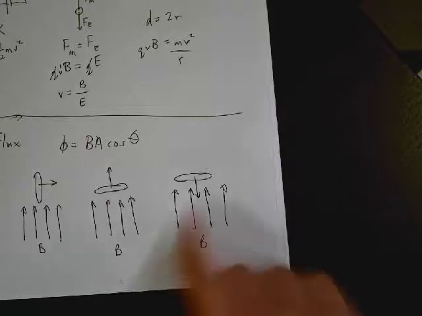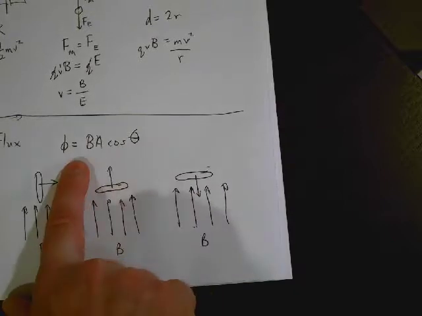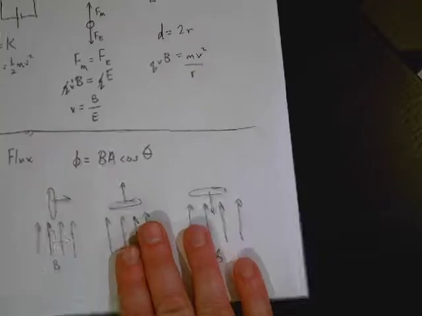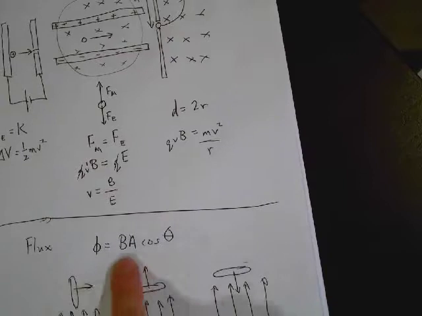And remember, and this is where I'll explain when we talk about generators, if I spun this, I could reach a point where my area points the other way. That would be maximum flux, but it'd be maximum negative flux. Which is why when we did the PhET simulation, where that magnet was spinning and the current went one way and then the other way, then one way, then the other way. Okay?